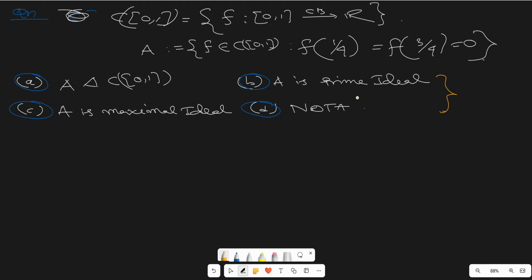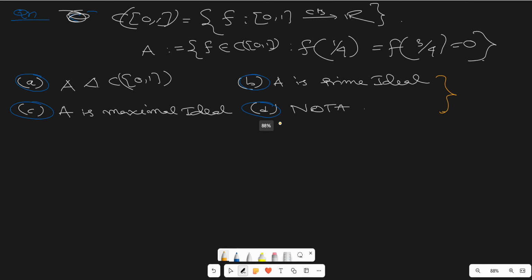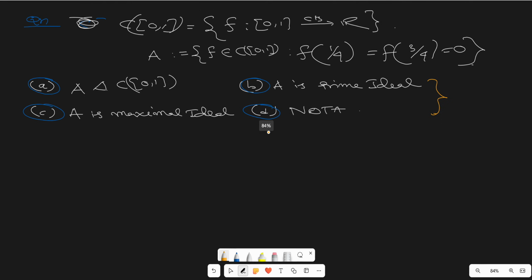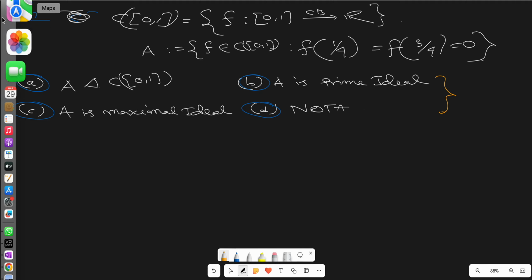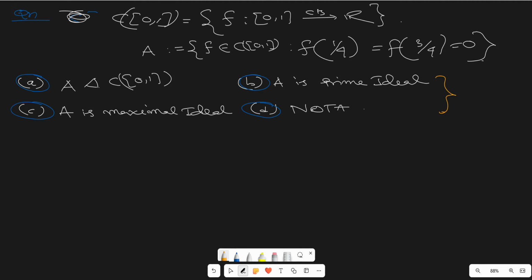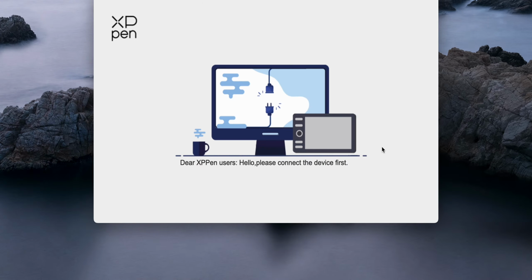I think the white color is reflecting. No, it's okay, I guess. So what will be the option? Still it is giving me trouble, so you just try this one. Nothing is showing here, right? What is the best thing I can do?